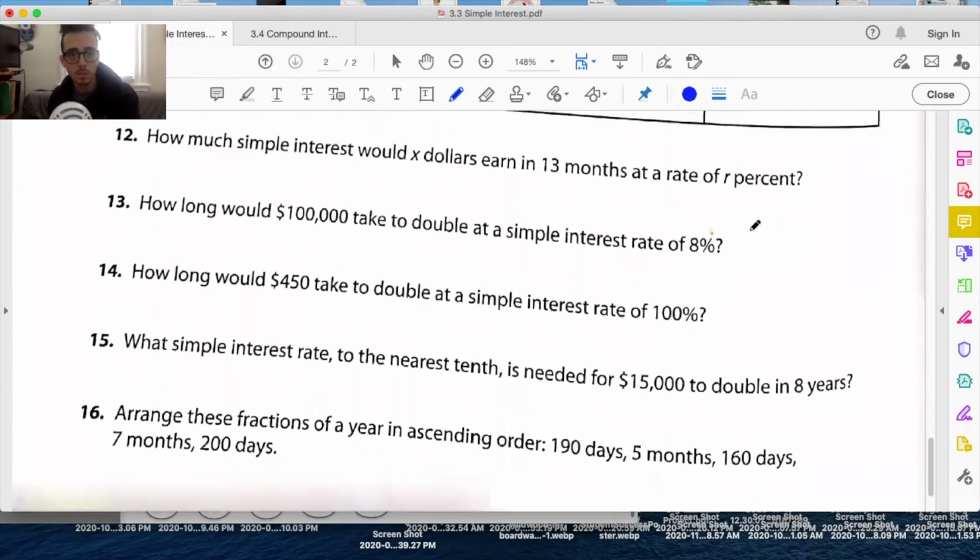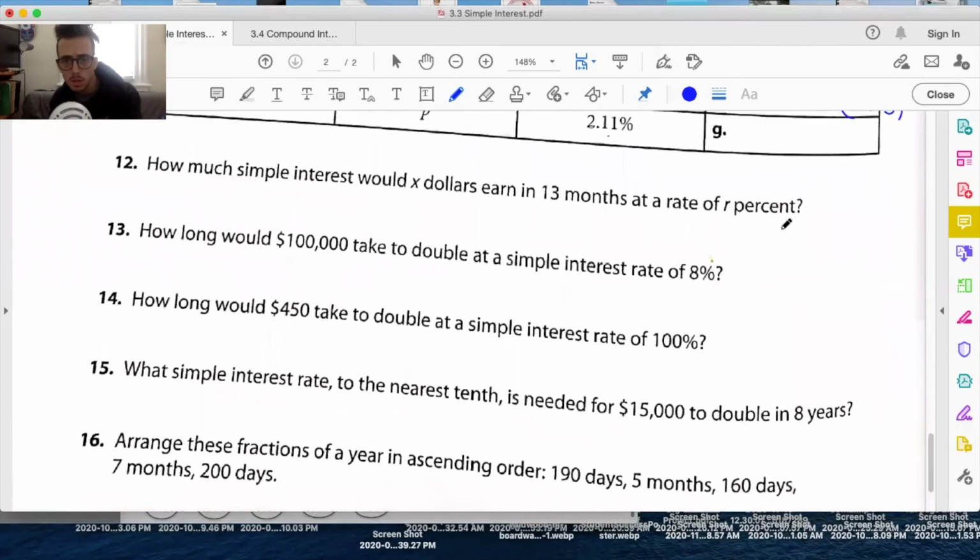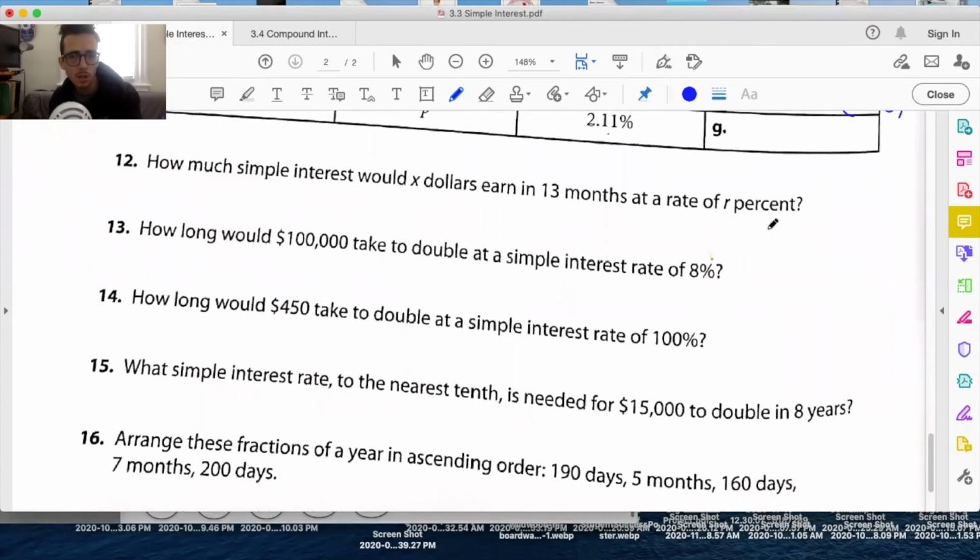What else? Simple interest. X dollars earned in 13 months at a rate of R. Okay, let's do this one. A little bit of variables. So interest is I. X dollars is your principal. This principal we know. Rate of time is 13 over 12.